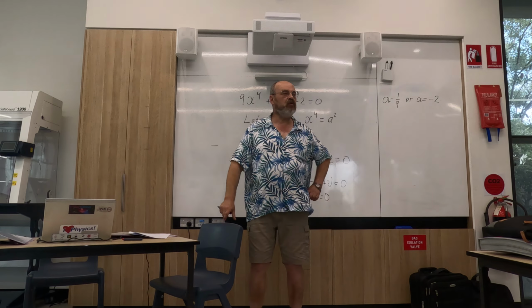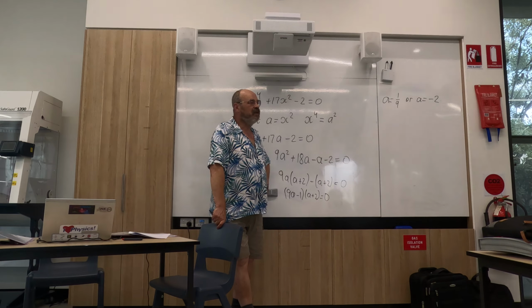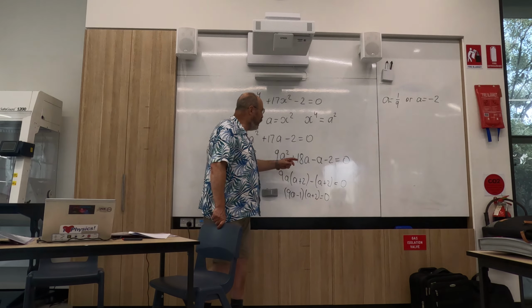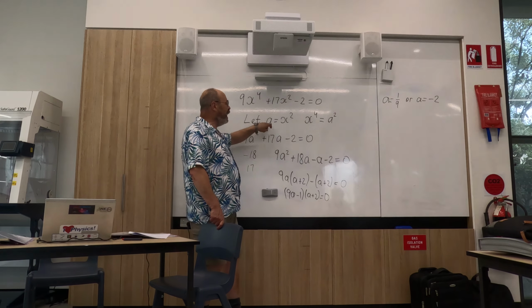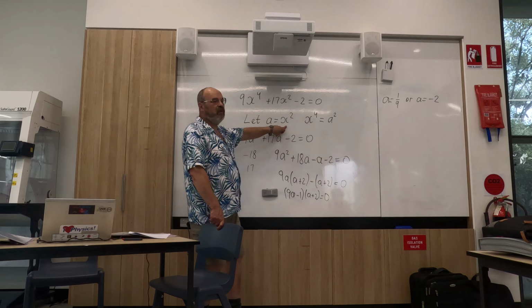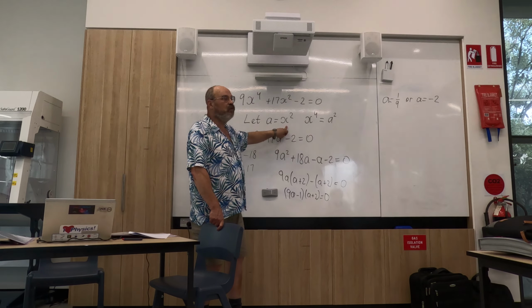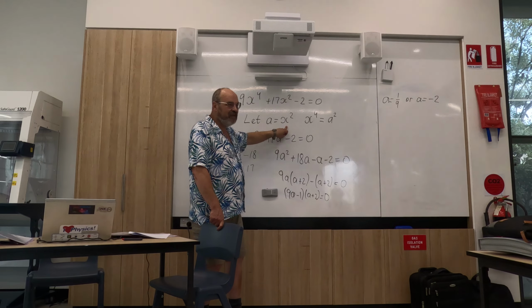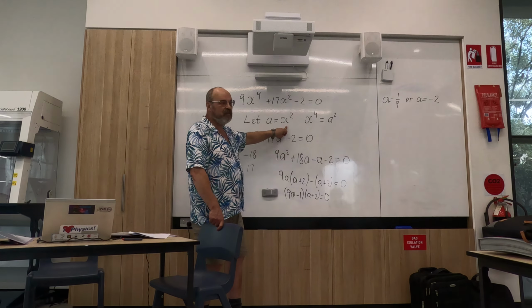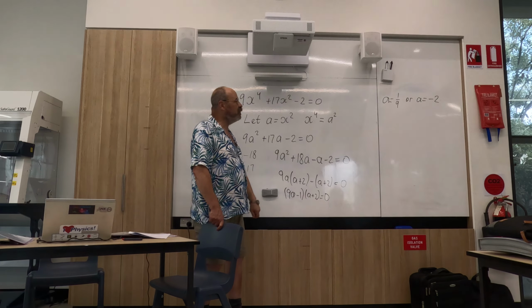Which one should we disregard? Negative 2. Why? Because a equals x squared, and x squared cannot be negative in real numbers. Later on, when we learn complex numbers, it can be, but we look into real numbers now.